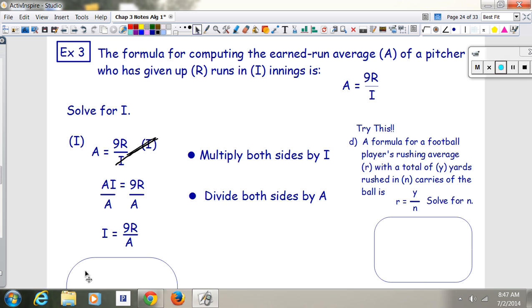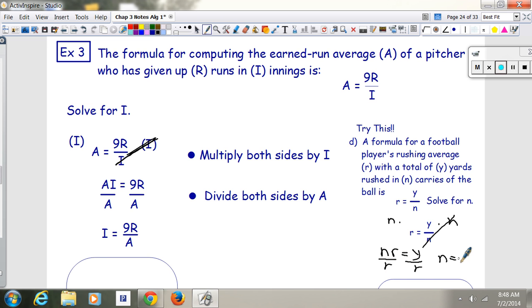So we want to get this N off the bottom. We first multiply both sides by N because we want to get rid of the fraction. So N times R equals Y, and then just divide by R. So N equals Y divided by R. So you can get any letter you want by itself.